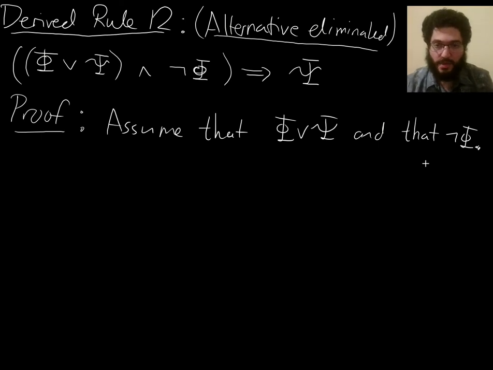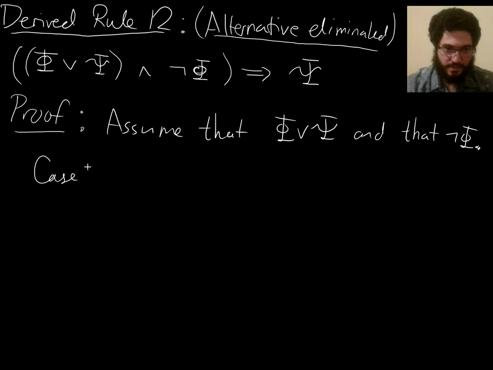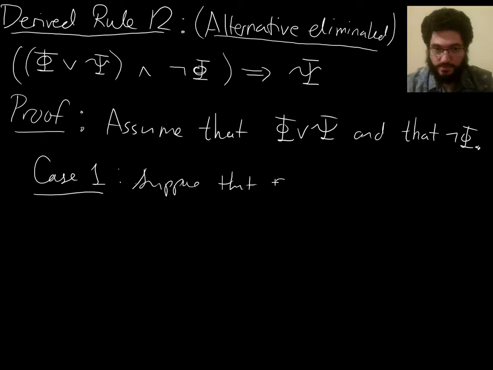So how can we do that? Well, all we've got to work with is this not phi, which I don't know what to do with, and this phi or psi. With phi or psi, there is a way to use that, and that's proof by cases. So I can say case 1, suppose that, so I know that either phi or psi is true.